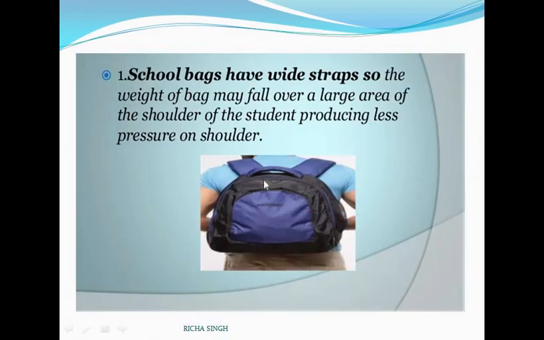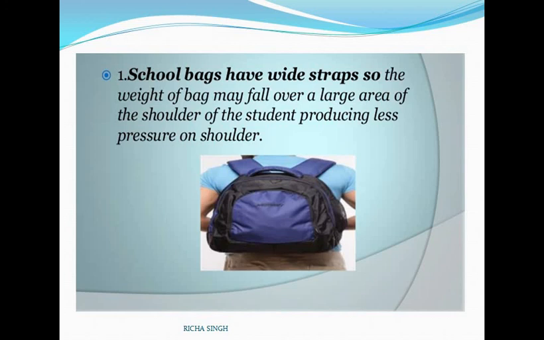Now, you must carry school bags with you. The school bags, you must have noticed, have broad shoulder straps. Why are they broad? Because the bag will be exerting pressure due to the weight of your books and other things. And if the area of the strap is larger, then what will happen?